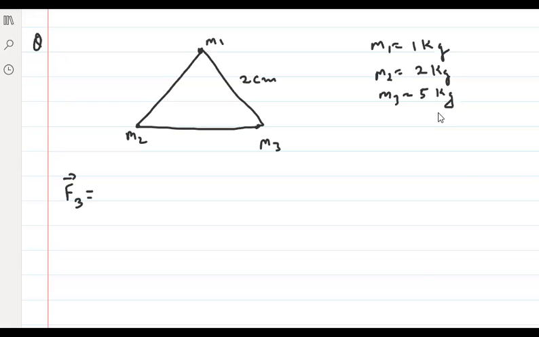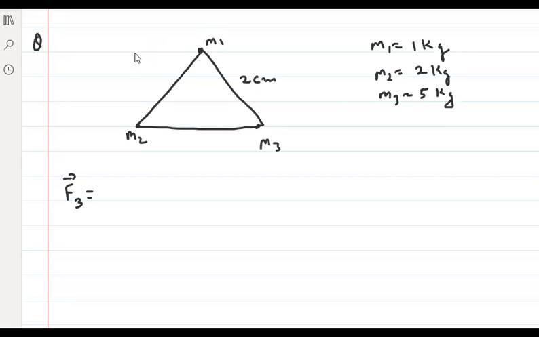No. So you have to find the total force on this M3. Think about it and do it step by step.